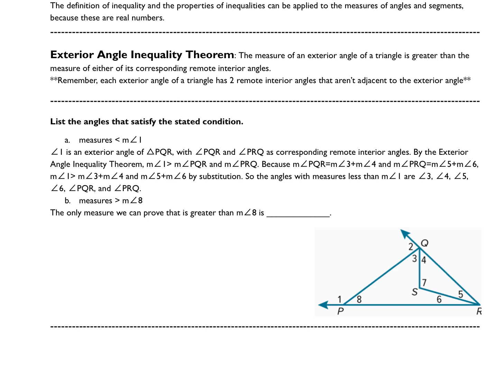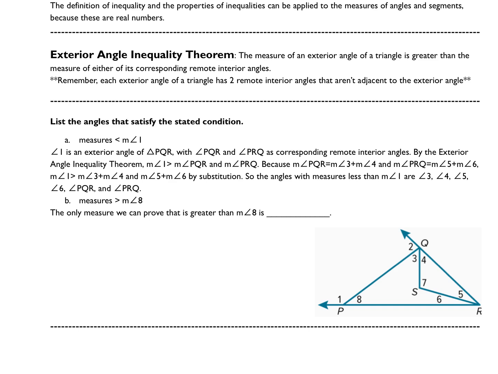And because the measure of PQR is equal to the measure of angle 3 and the measure of angle 4, and the measure of angle PRQ is equal to the measure of angle 5 and the measure of angle 6, therefore the measure of angle 1 has to be greater than the measures of angles 3, 4, 5, and 6 by substitution. So the angles with measures less than the measure of angle 1 are angle 3, angle 4, angle 5, angle 6, angle PQR, and angle PRQ.